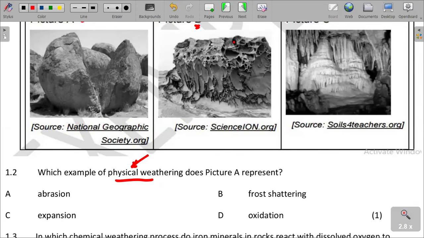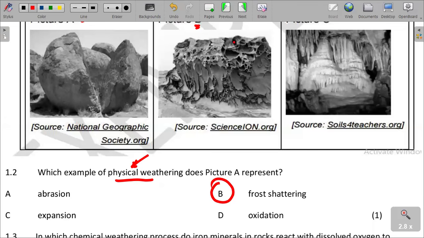An example of physical weathering in picture A is frost shattering. Frost shattering represents physical weathering. We also have exfoliation, which can also be given as an example of physical weathering.